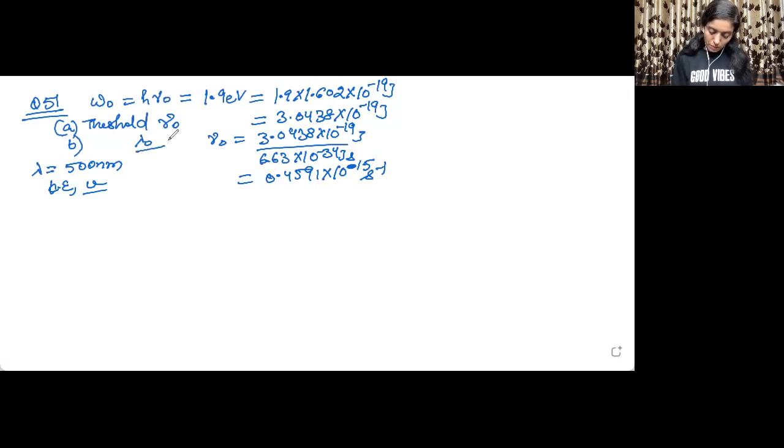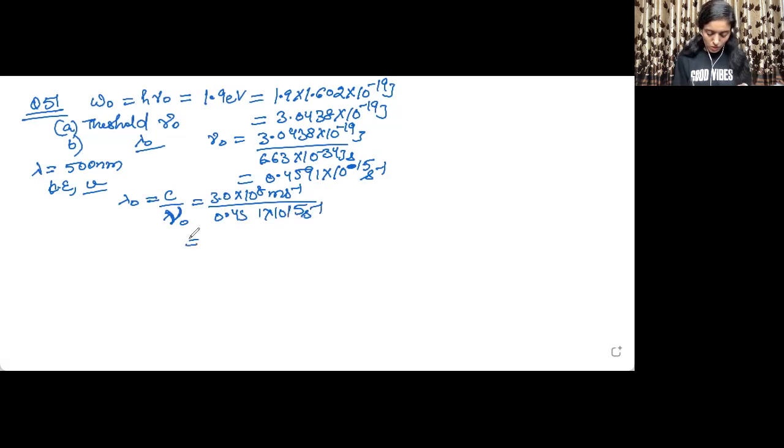Now we need lambda naught. So lambda naught will be equal to c upon nu naught, not lambda naught. Here it will be nu naught. So 3.0 into 10 raised to the power 8 meter per second upon nu naught, which is 0.4591 into 10 raised to the power 15 per second.